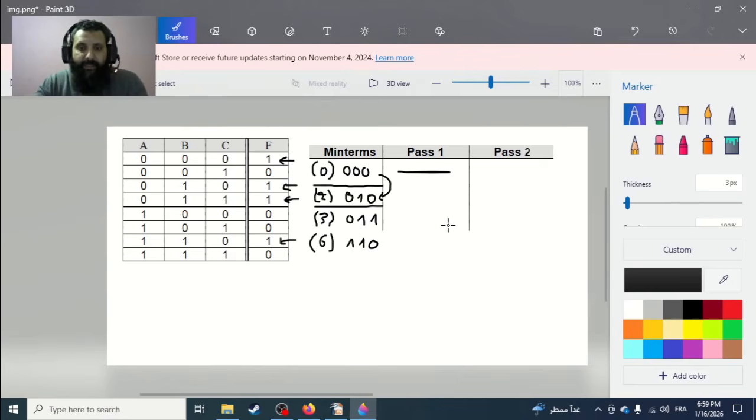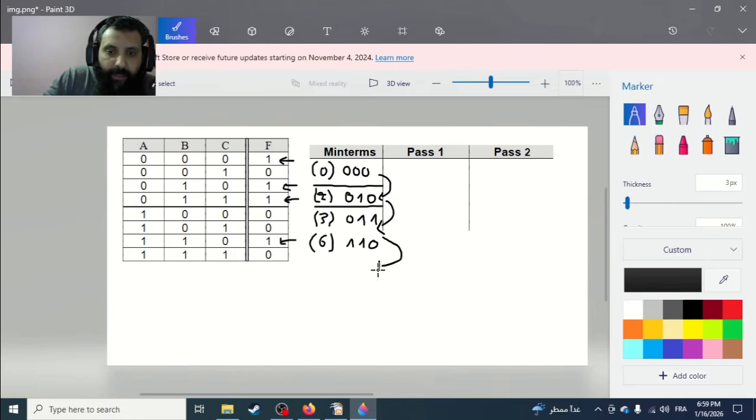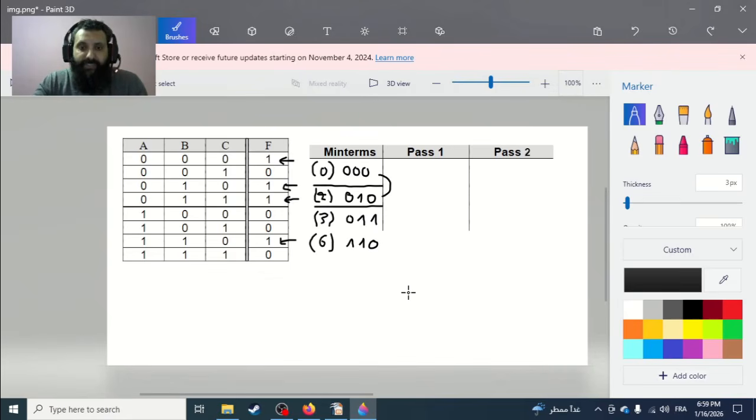First the comparison between this group and this group, second this group with this group, third this group with the other group, etc. We have to compare the 2 adjacent groups.